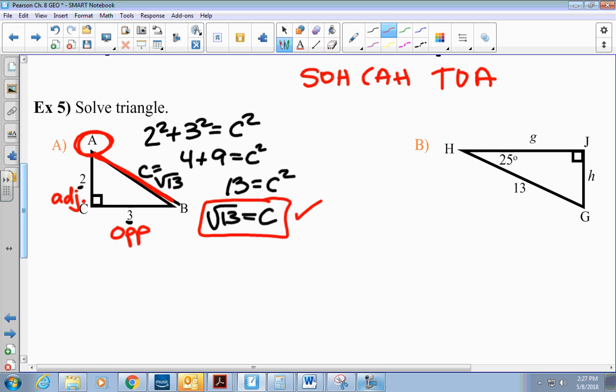No, what letter does the word hypotenuse start with? H. Which one of these, so, ka, or toa, does not have H? Toa doesn't have the H. I can use the H, I don't want to because it's square root of 13 and it's ugly. So in this case, I'm going to use tan.